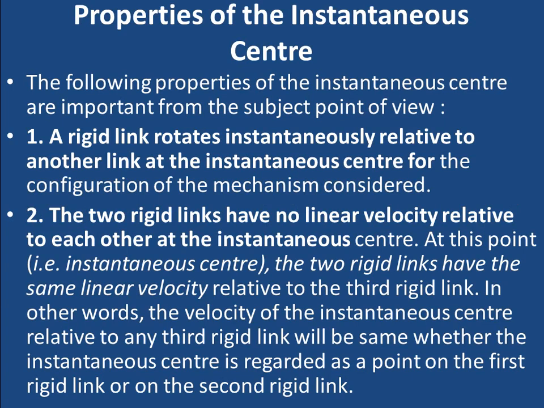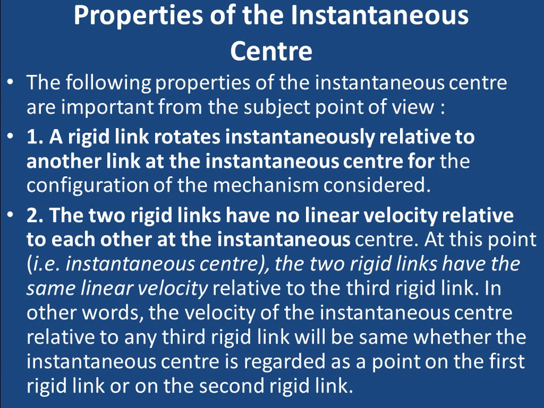Properties of the instantaneous center. A rigid link that rotates instantaneously relative to another link at the instantaneous center for the configuration of the mechanism that is considered, and the two rigid links have no relative linear velocity relative to each other at the instantaneous center.